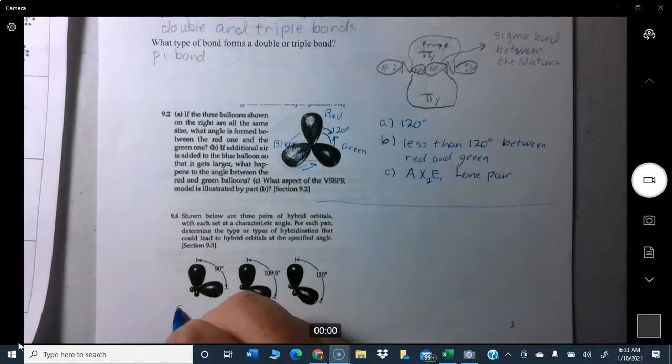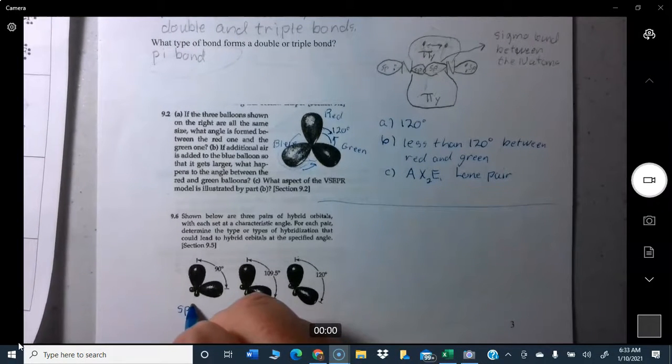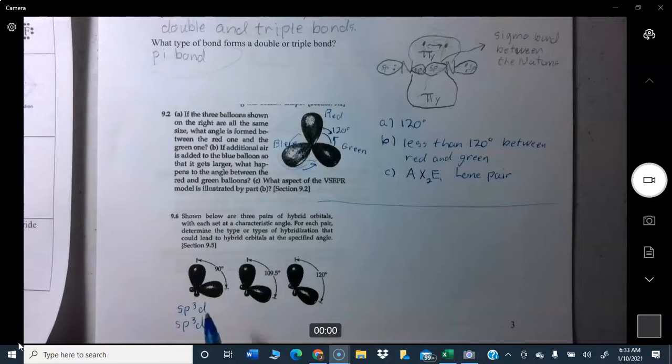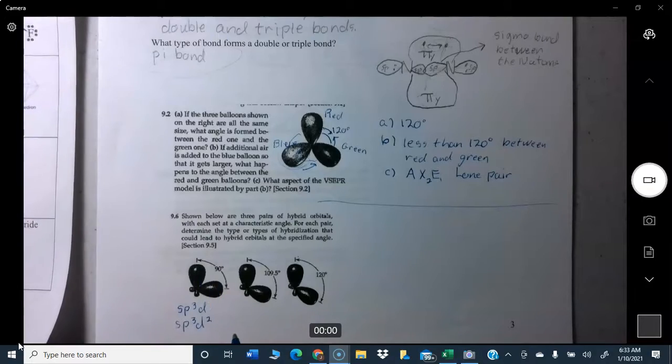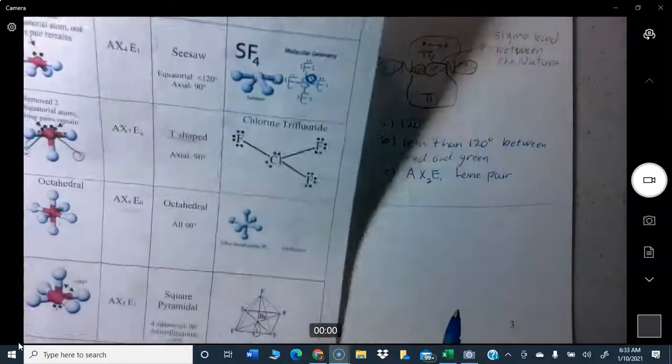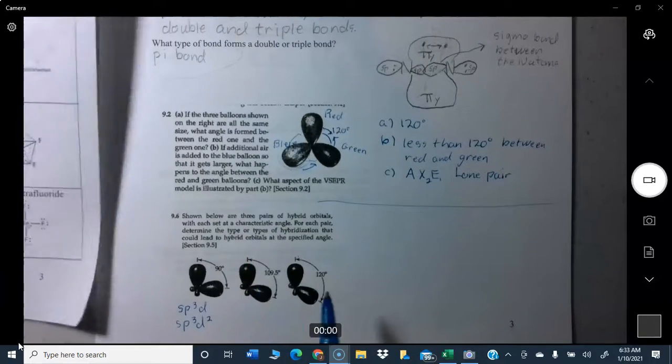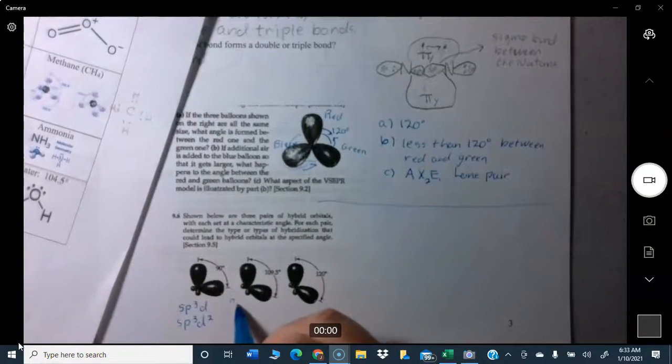So you can say sp3d or sp3d2. Those are the only two where you would find any 90-degree angles. Okay, 109.5, that's one that you should almost have memorized. That's tetrahedral. You will see that a lot. So that's tetra.